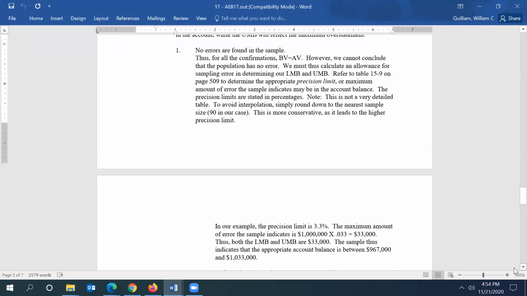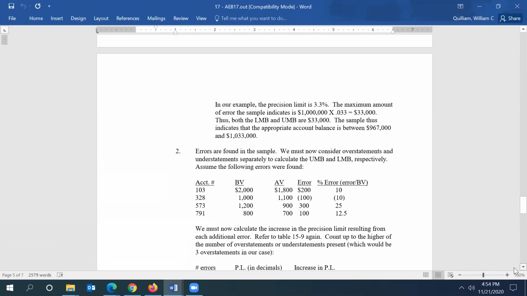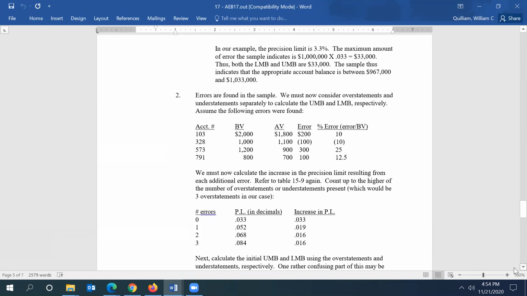So let's look at that here next in the notes. In our example, the precision limit is 3.3%. So the maximum amount of error the sample indicates is 3.3% of 1 million, that's the book value, multiplied by 0.033, same thing as 3.3%, to get 33,000.